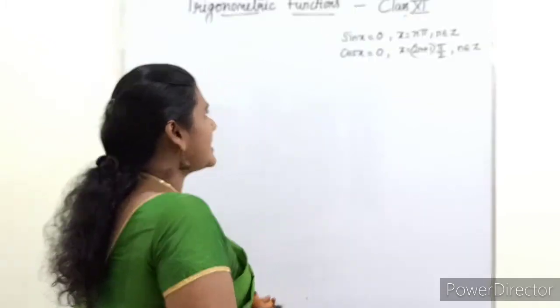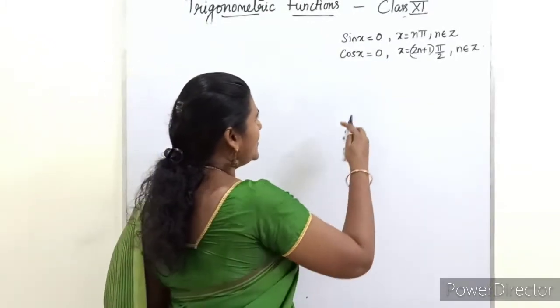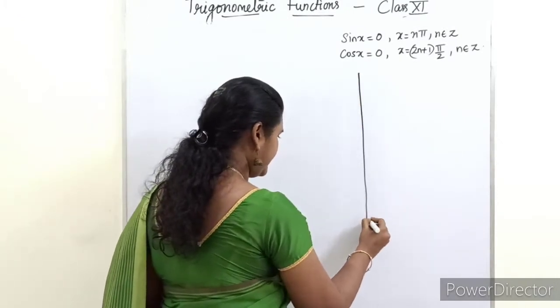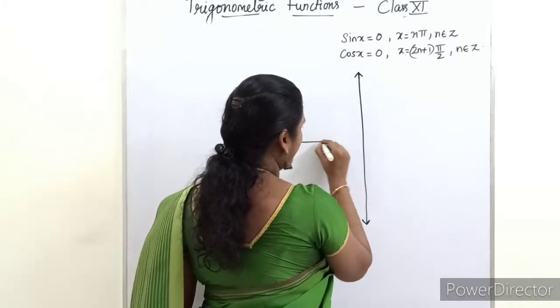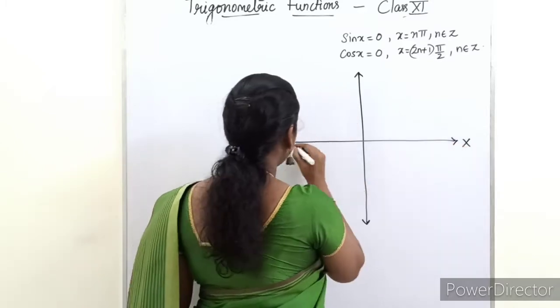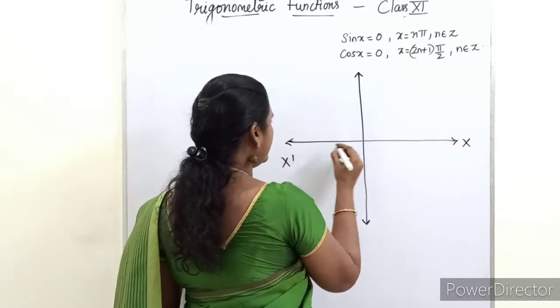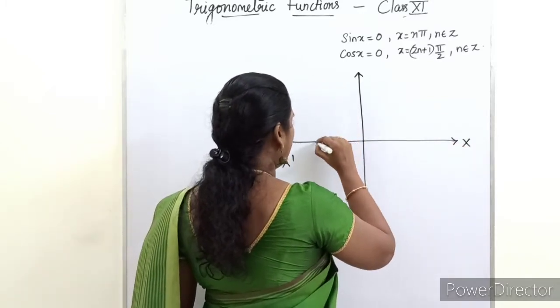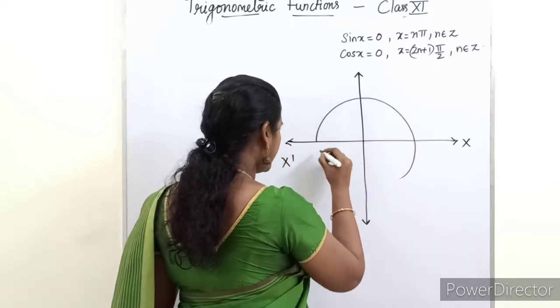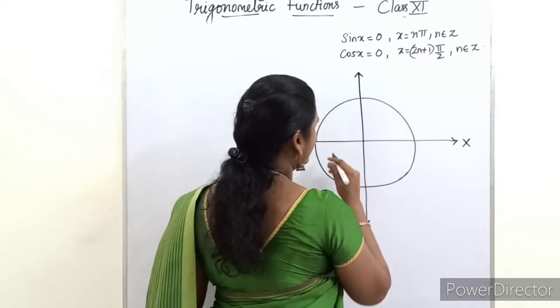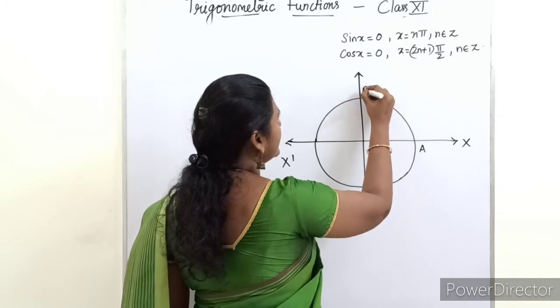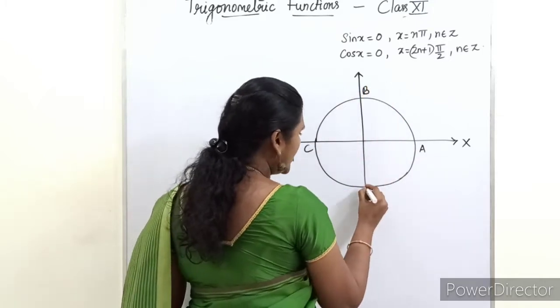Okay, so let us consider a unit circle with center as origin of the coordinate axis. The same circle we have discussed in the previous video also.